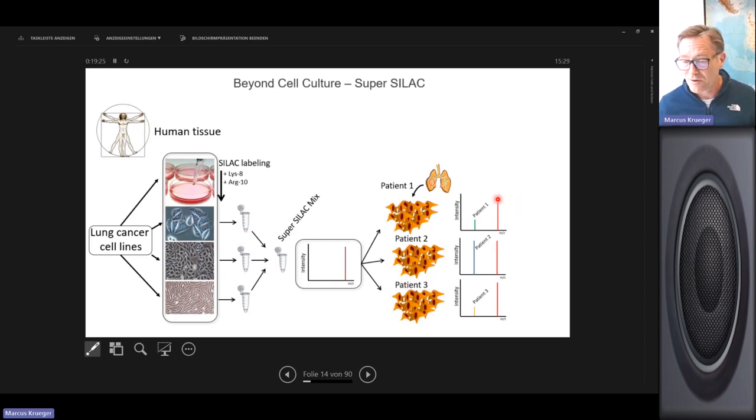And then, of course, you always have the same standard, and you hope, since you already have 3 or 4 or 5 labeled lung cancer cell lines, that you cover all the peptides and proteins which are in all these different patients. So that's one idea to quantify human tissue with a kind of super SILAC mix. However, I would say honestly, what I learned now, or what is a tendency, is that for those patients one could also use the label-free approach instead of the super SILAC. But this is definitely an alternative to get accurate protein quantification.